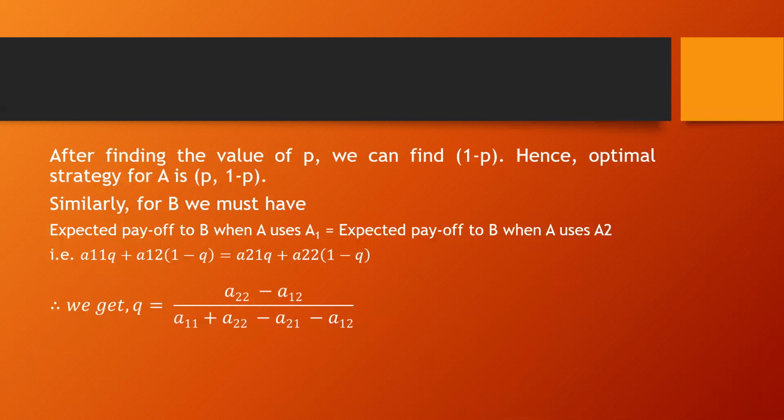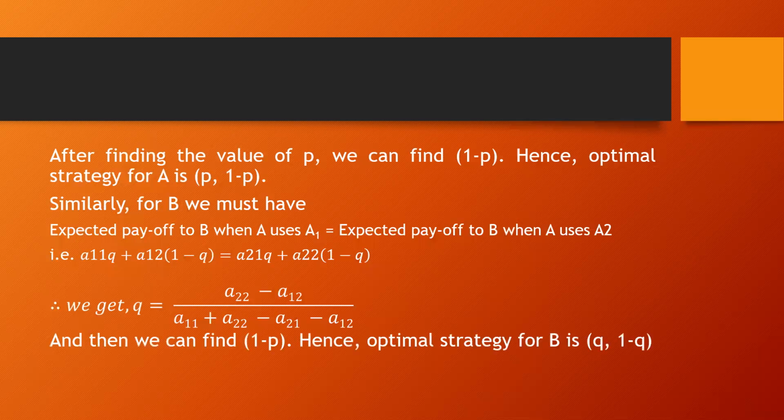These values can be used further to find out the value of 1 minus Q, which will be the optimal strategy for B as well. So finding the value of P and 1 minus P will give me the optimum strategy for A, and finding the value of Q and 1 minus Q will give me the optimal strategy for the player B.